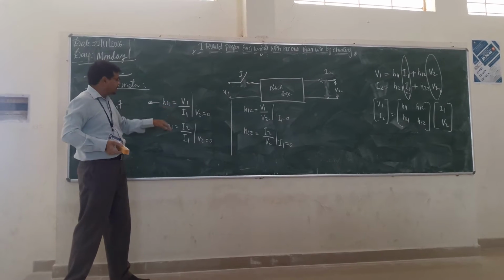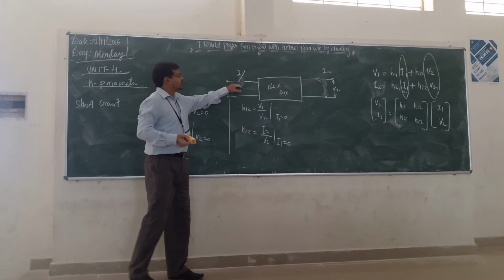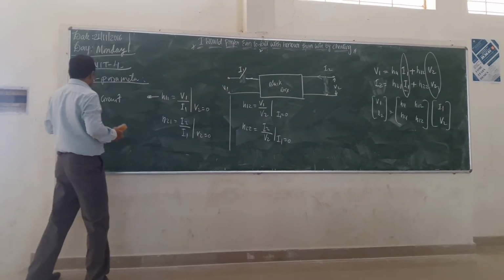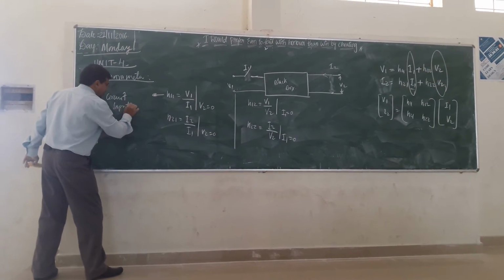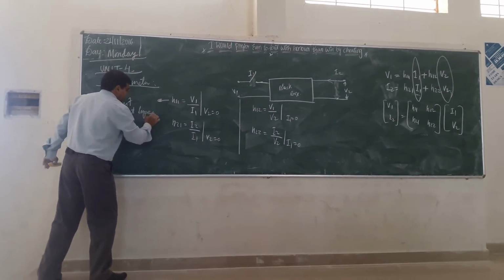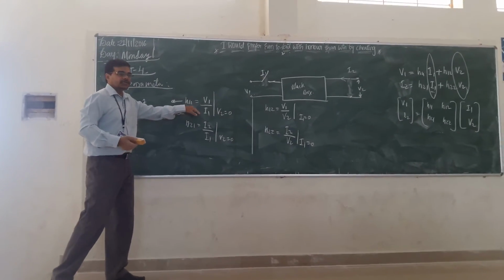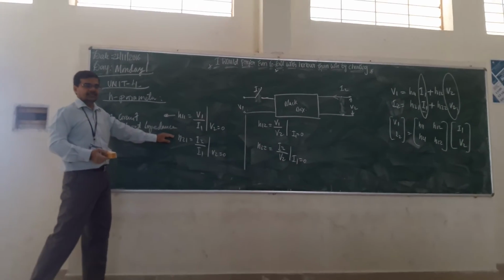And V1, I1 are input. So H11 is called the short circuit input impedance.